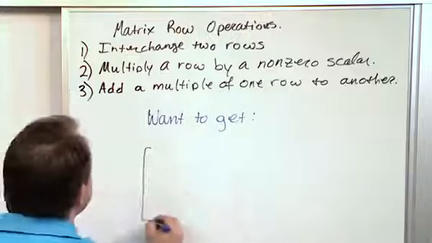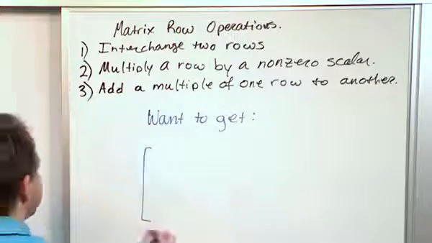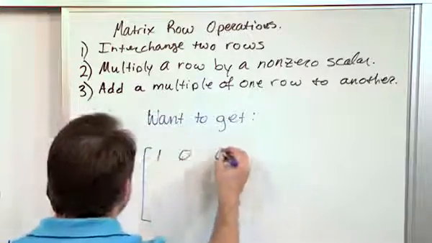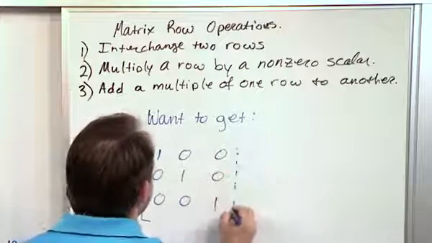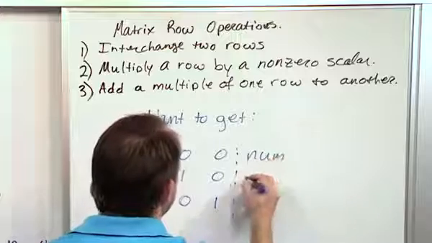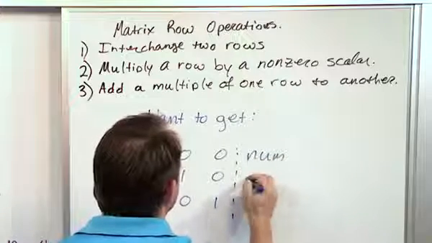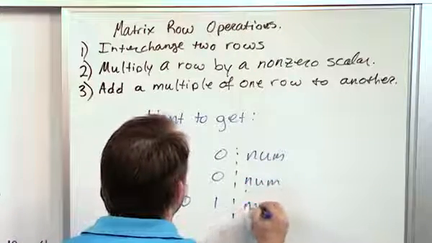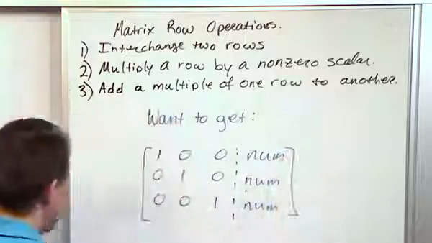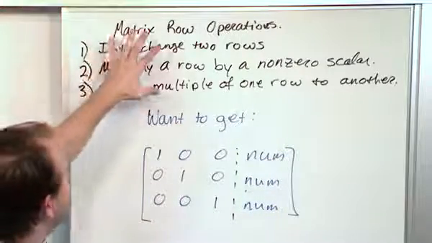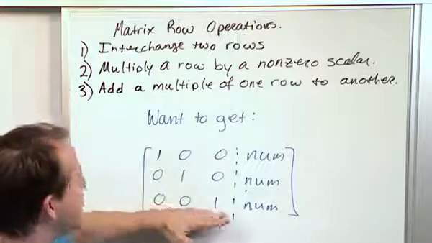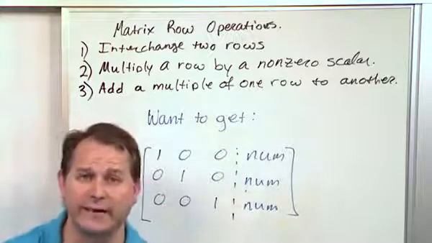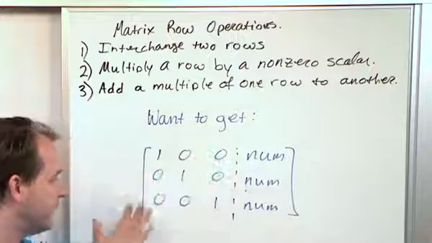We want to do multiplications and additions and all that stuff so that we get an identity matrix on the left, and we're going to get some numbers which we don't know yet on the right. All right? So basically we do row operations until we beat the left-hand side of the augmented matrix into an identity matrix. Now you know why I introduced identity matrix, so you understand what this means.